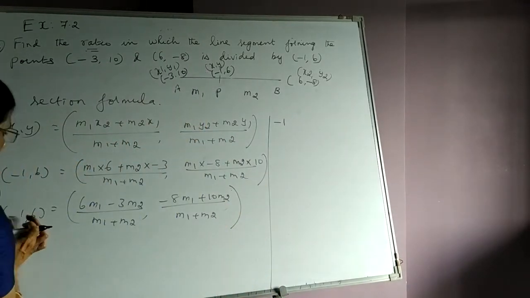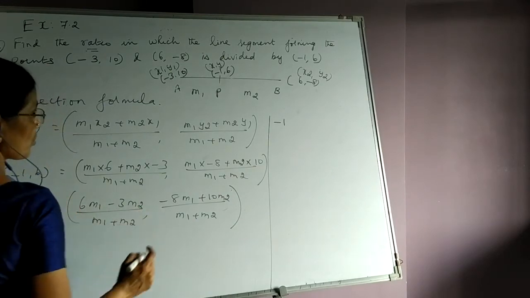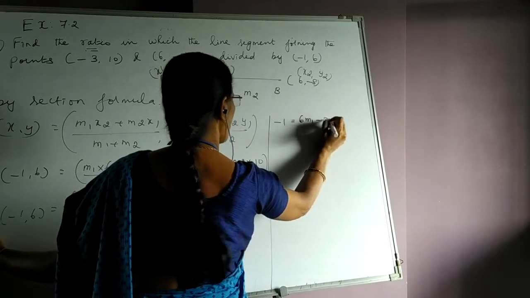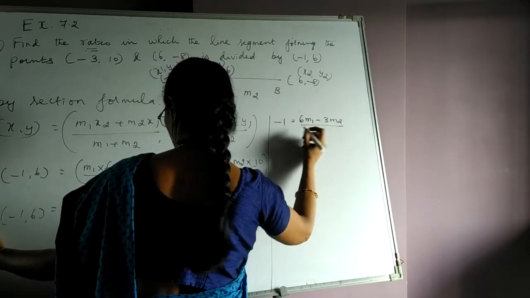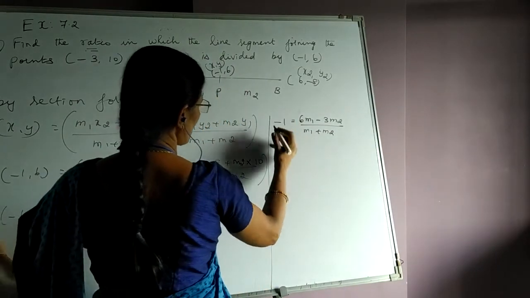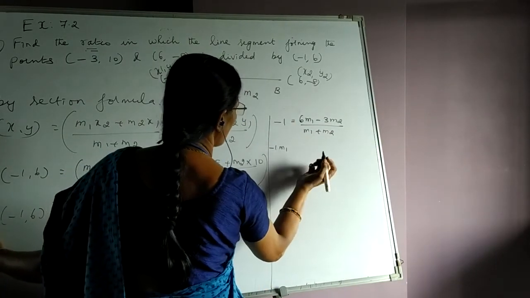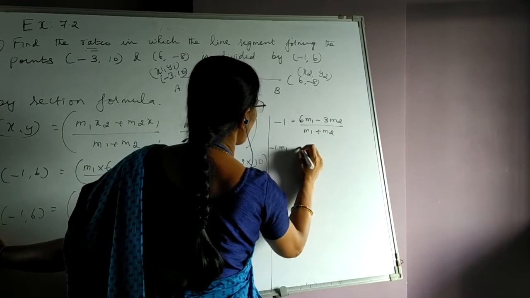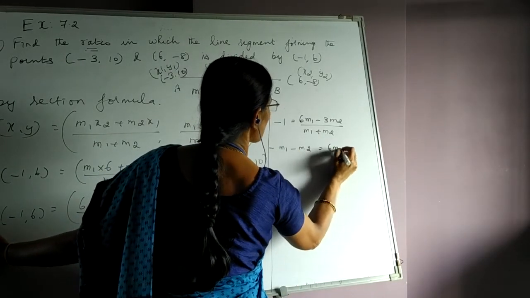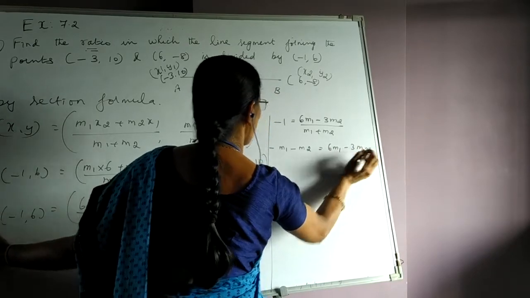Minus 1, we are going to equate with the first coordinate over here, which is equal to (6 m1 minus 3 m2) upon (m1 plus m2). Cross multiplying, we will get minus 1 (m1 minus m2). If you want, you can write 1, otherwise it is understood. 6 m1 minus 3 m2.